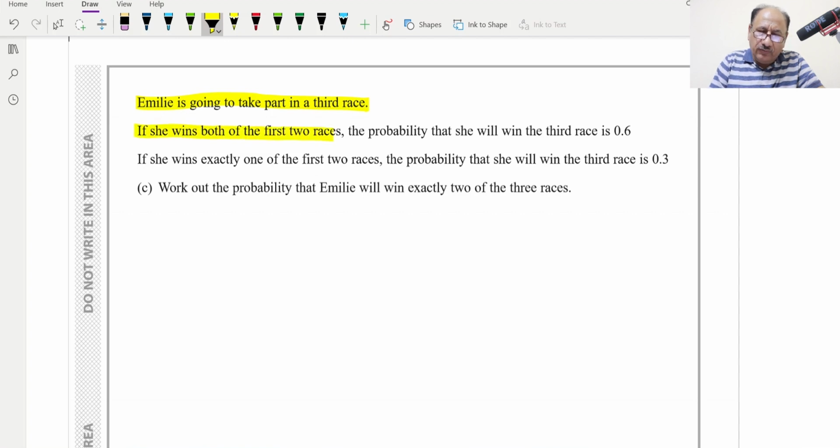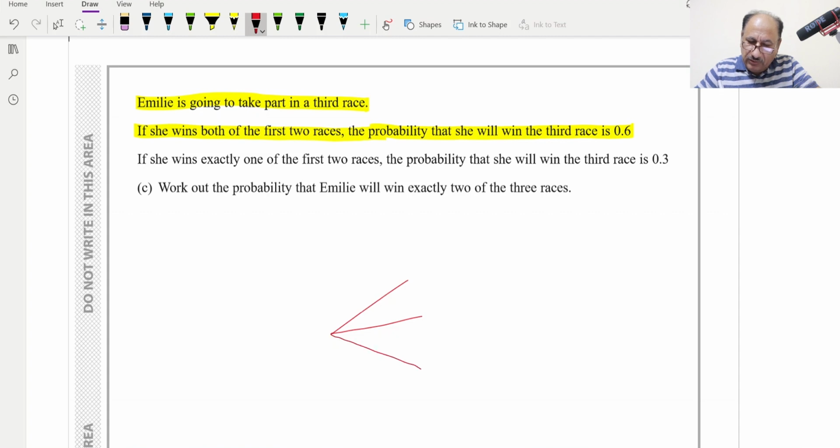C part: Emily is going to take part in a third race. If she wins both the first two races, the probability that she will win the third race is 0.6. So we can draw the third option after drawing the first two options, and this is 0.6 for if she wins both the first two races. So win will be 0.6.